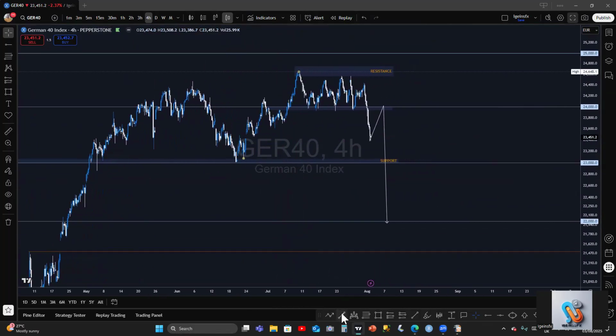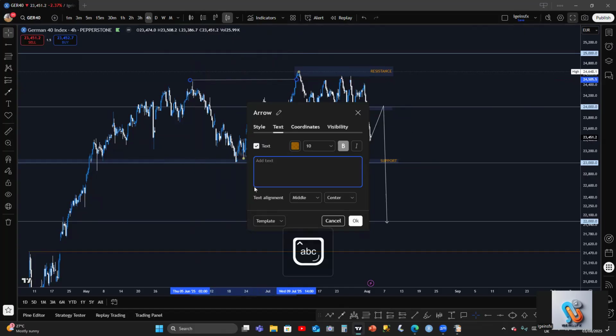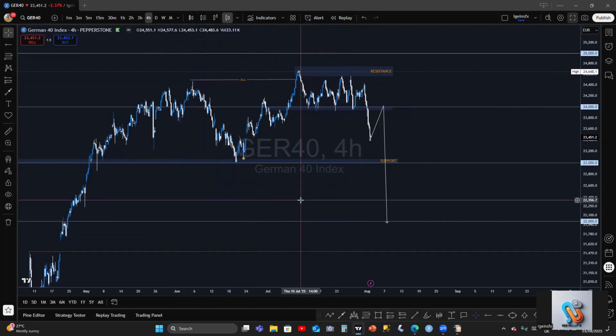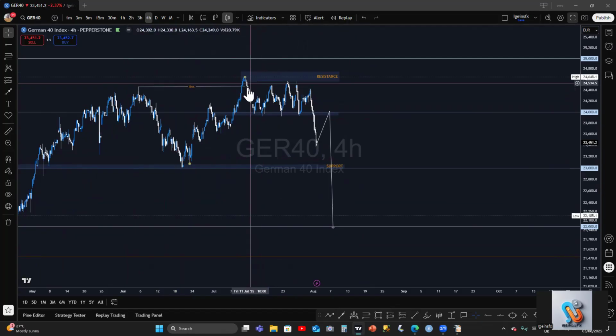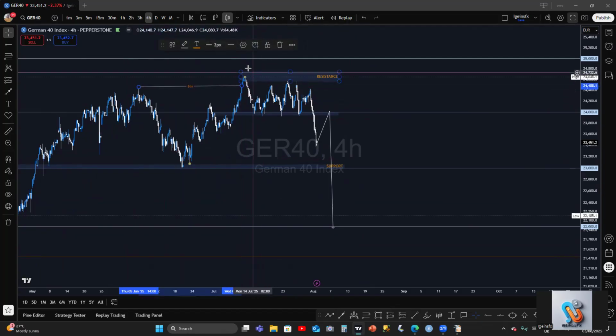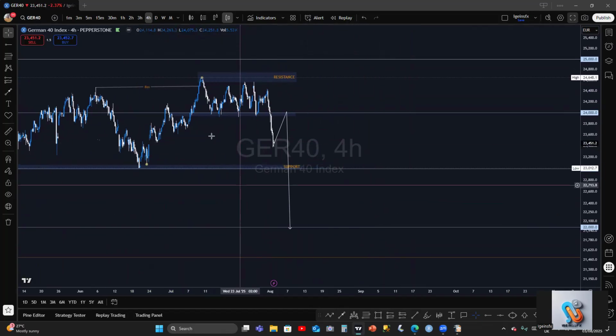Here, this is where we have the last break of structure. After this last break of structure, price created a high. Since then, it's been sideways.